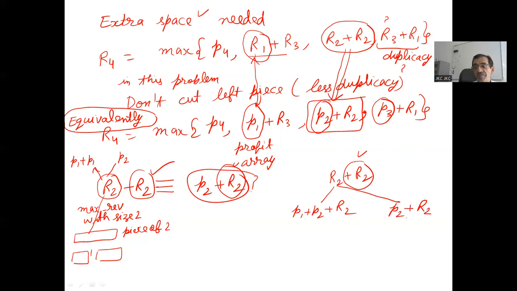Now I say, when I wrote a P2 plus R2, this is okay. Where is this being covered in an equivalent solution? So I prove that yes, this is also covered. The P1 plus P2 plus R2 solution will be covered indirectly in P1 plus R3.